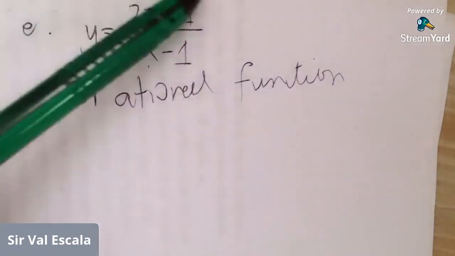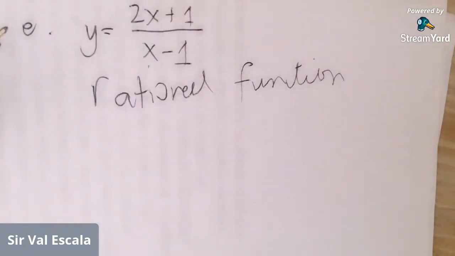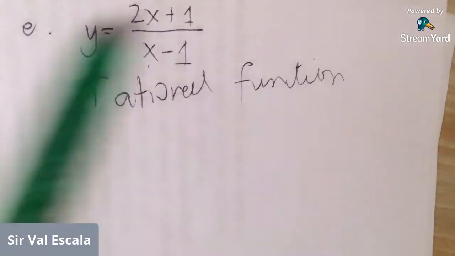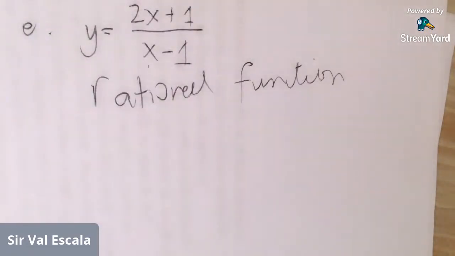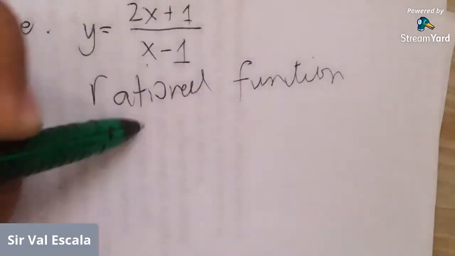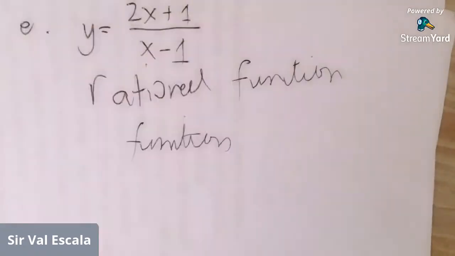Pero pag may square root na siya, hindi na siya rational function. Pero count as pa rin siya as function, kahit may square root siya sa taas. Hindi lang siya rational function, pero function pa din.